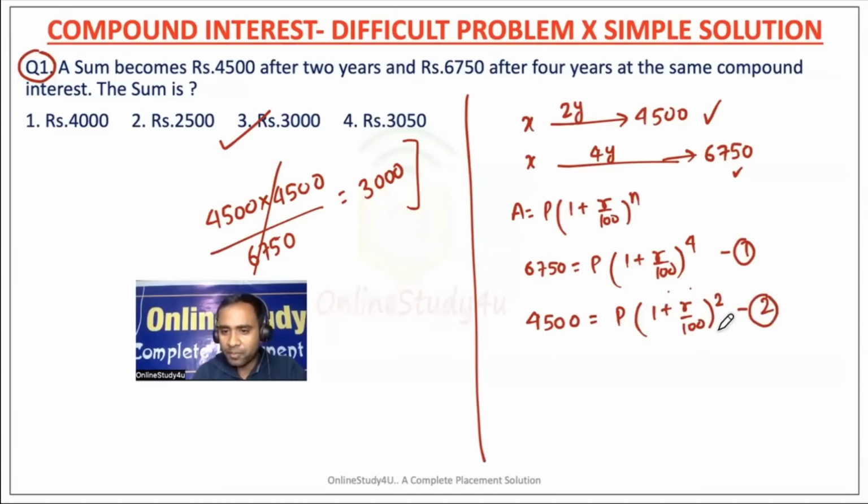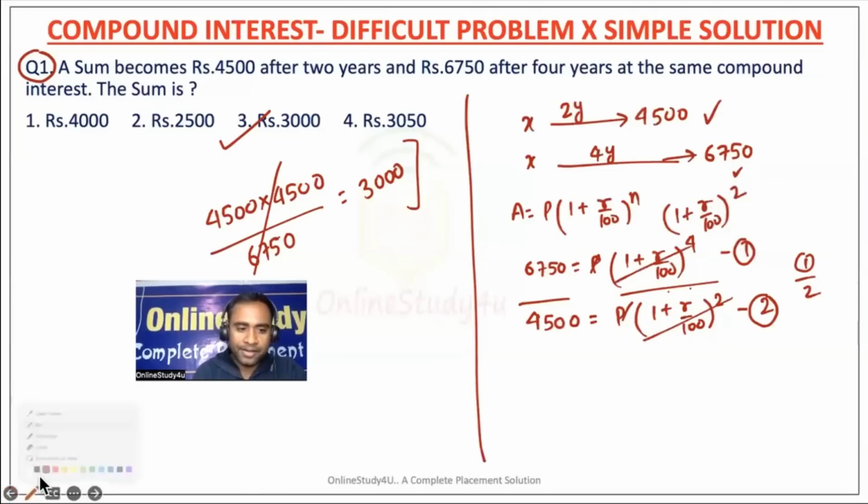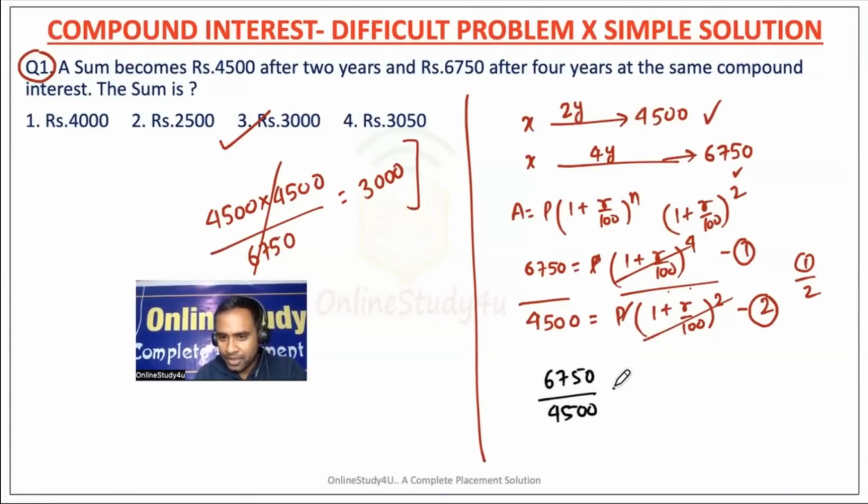Now divide equation 1 by equation 2. The principal and principal get cancelled, and the powers of 4 and 2 leave (1 plus r by 100) squared. So 6750 divided by 4500 equals (1 plus r by 100) squared. This is equation 3.